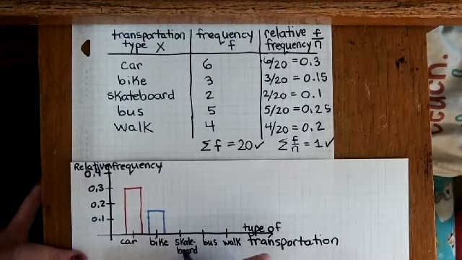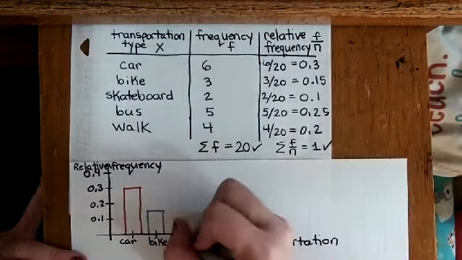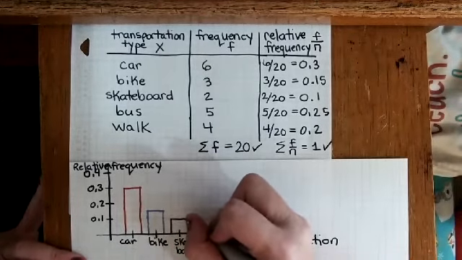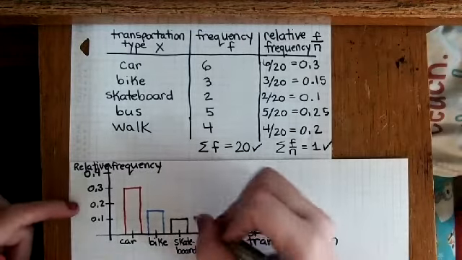The amount of skateboarders was 0.1. So go around your skateboard tick mark to the height of 0.1 and back down. The bus riders were 0.25 of the data.